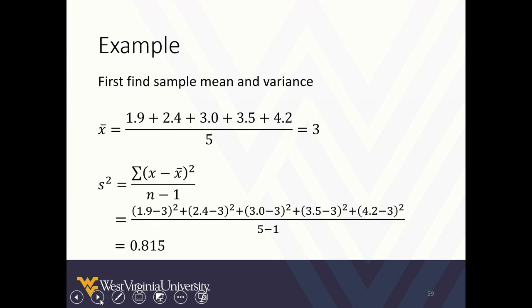And so first we want to find our sample mean and variance. Using our formulas discussed in the very first lecture, we would have a sample mean of 3 and a sample variance of 0.815.